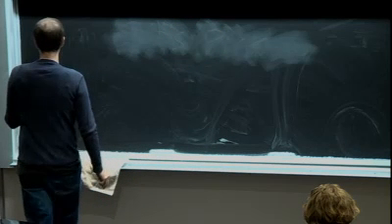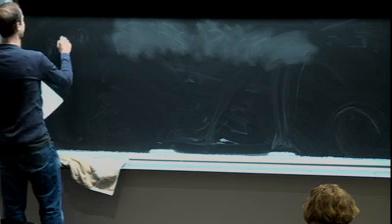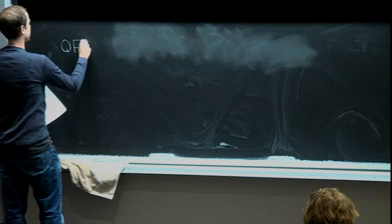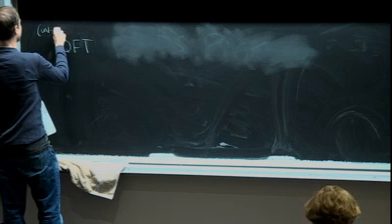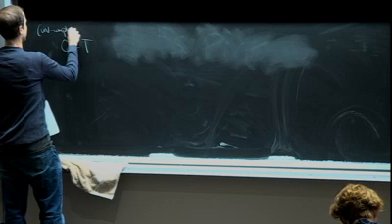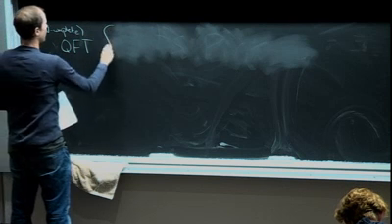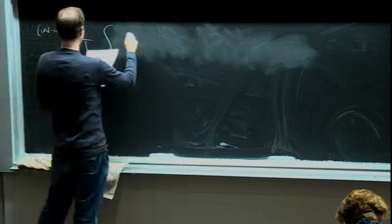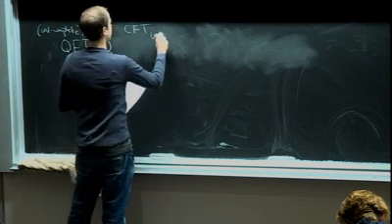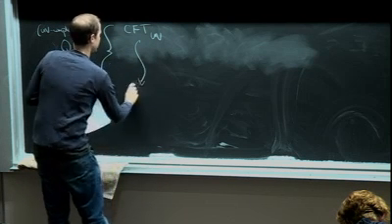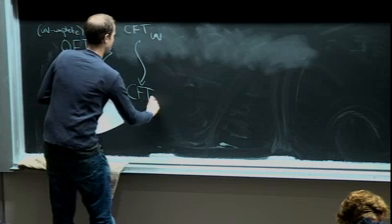A good model for a quantum field theory, and I should say this would be a UV complete quantum field theory, is as a renormalization group flow between a CFT in the UV and some CFT in the IR.